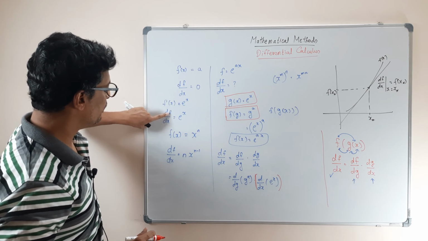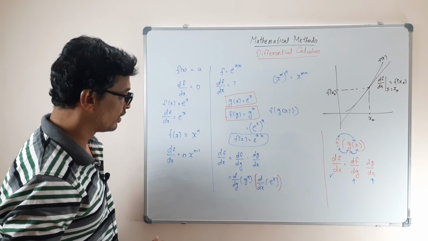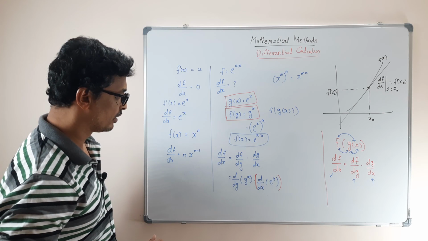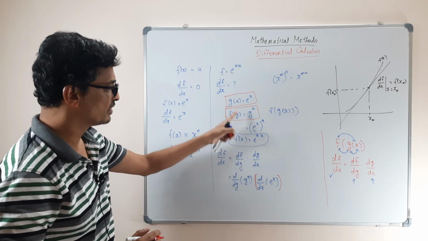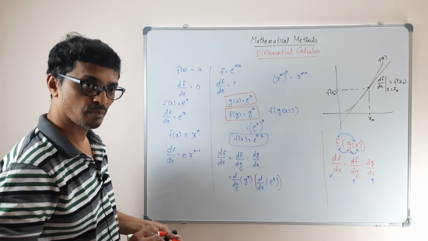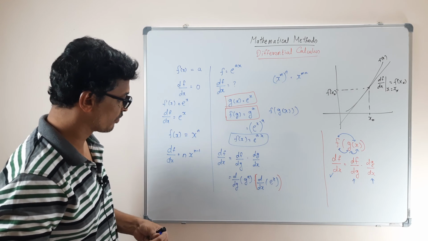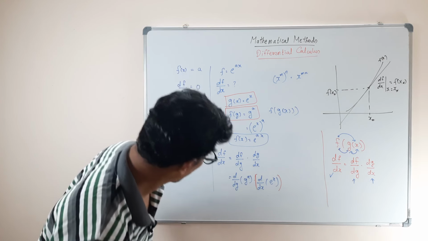Okay, so d e power x by dx will be what? But how will that be multiplied by d by dx? G, na? What's your g? G is our e power x. Wait, let me explain to you.